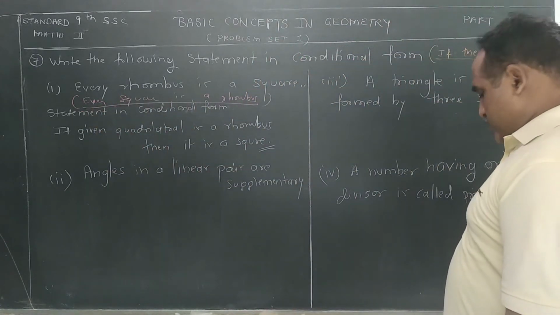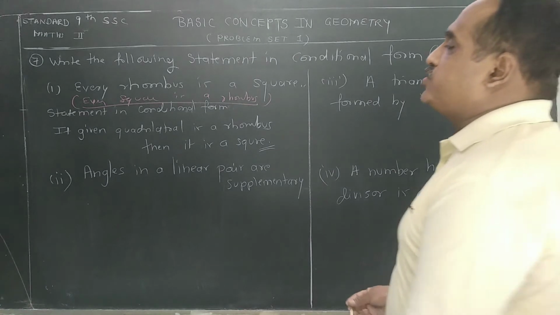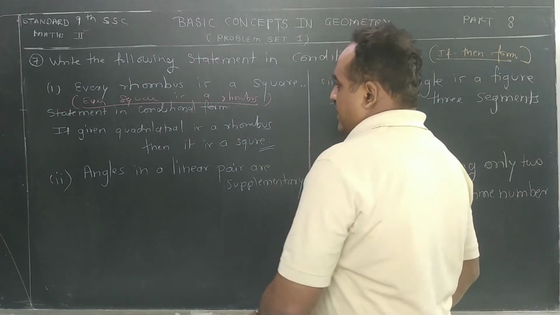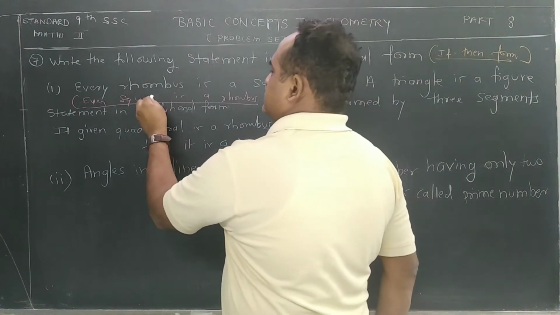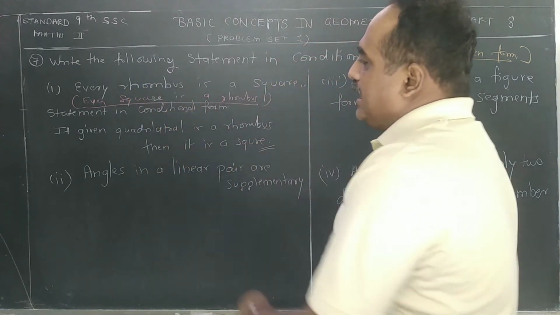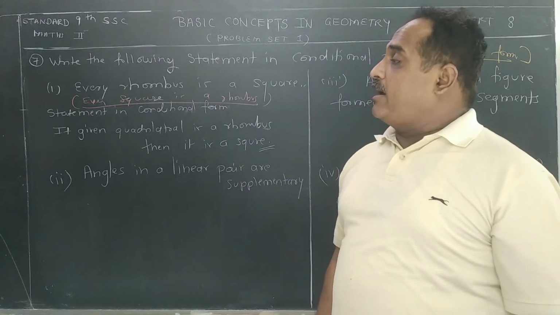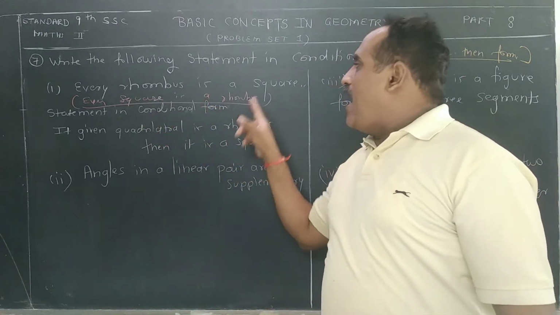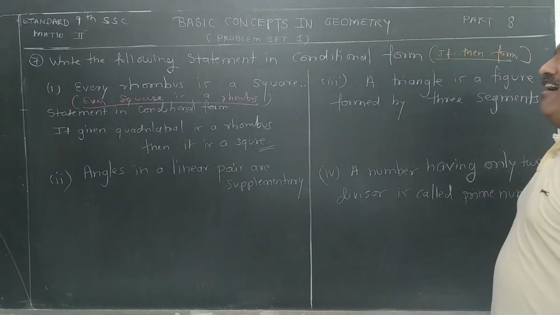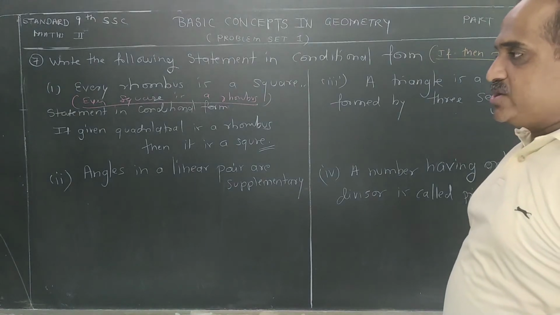So a new textbook may change the statement. You are going to change according to whatever textbook we are having. They have given this, so we have written according to that. But the question will be like that: every square is a rhombus. Then what I'm going to write: if a given quadrilateral is a square, then it is a rhombus. You got it? Have you understood now?